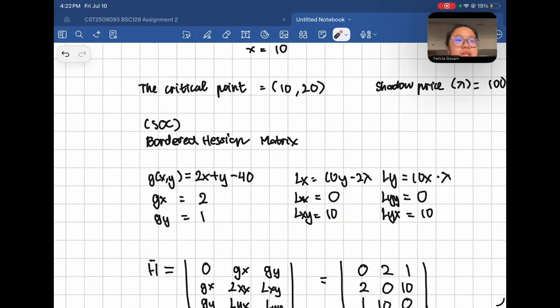So for the verification, this one is a little bit different. We use a bordered Hessian matrix, so it's 3 times 3.